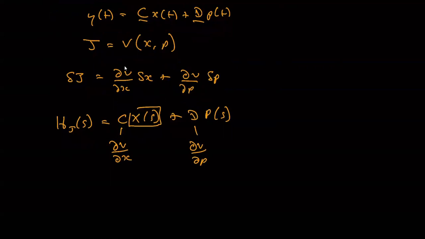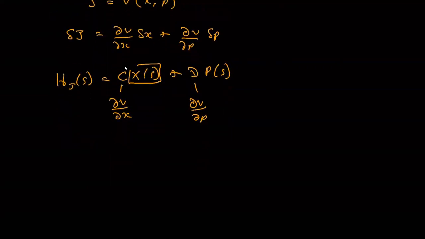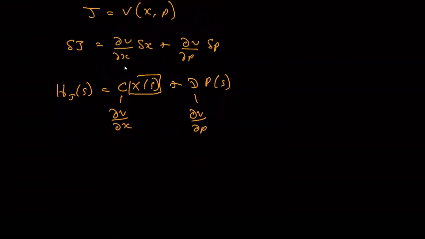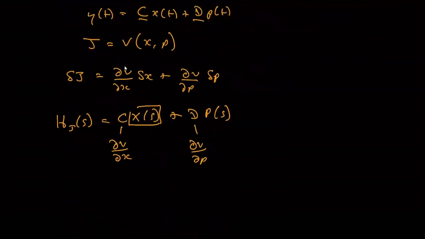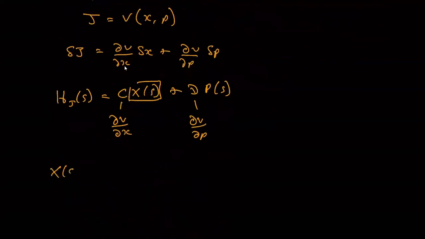Now, what is X(s)? Well, I need to consider Hx here. So I know that X(s) equals Hx(s) times whatever the input was. I'm just going to indicate it with P(s).